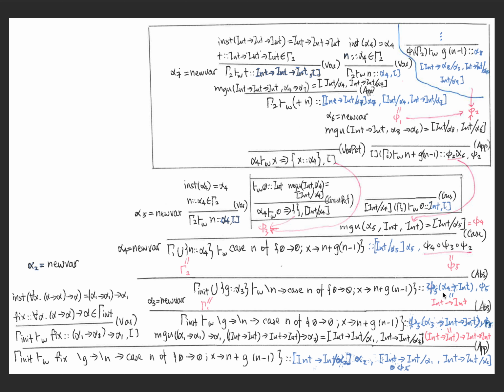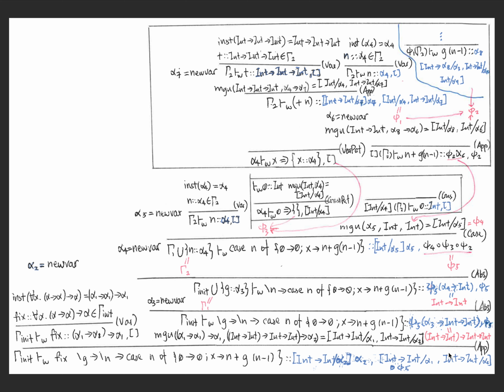So it's alpha 4 to int. If we apply psi 5 to this alpha 4 to int, we'll get int to int, because alpha 4 was grounded with int somewhere on top, which is here. In psi 1 they propagate to psi 2, and then because psi 2 was part of psi 5, we are able to ground alpha 4 with int. So this will give us the output type int to int, and the output substitution is psi 5.